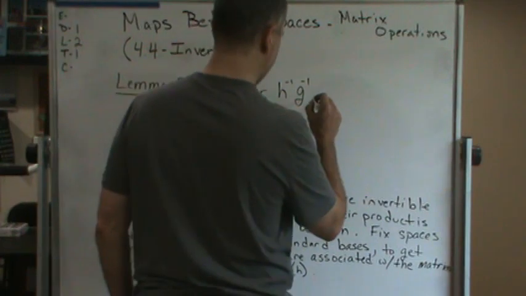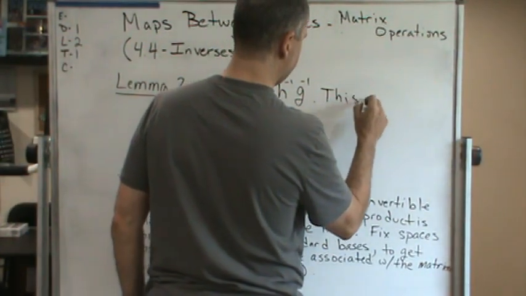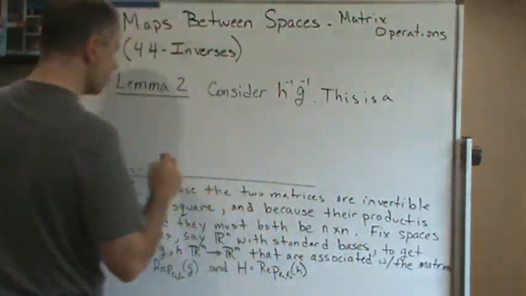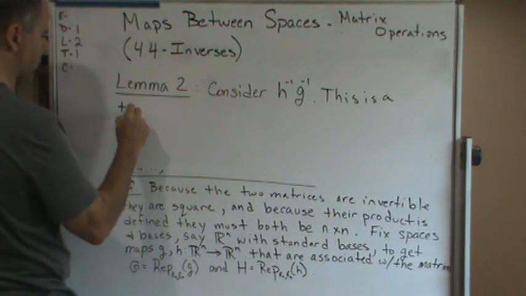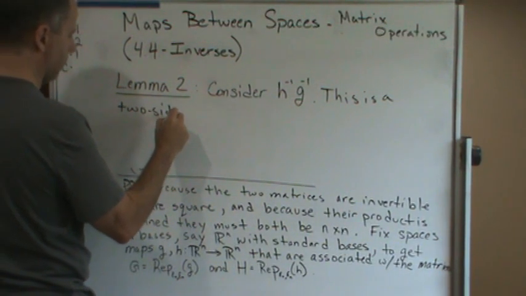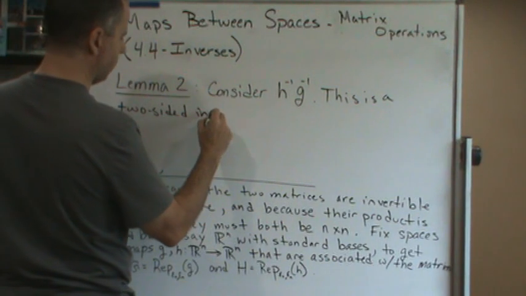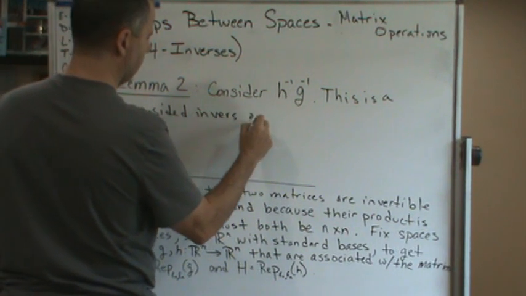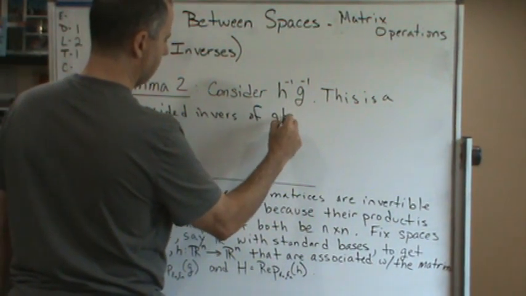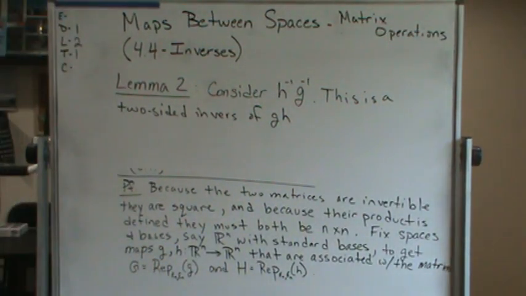Now, this map is a two-sided inverse of GH, right? Why? Well, because we're going to show you.